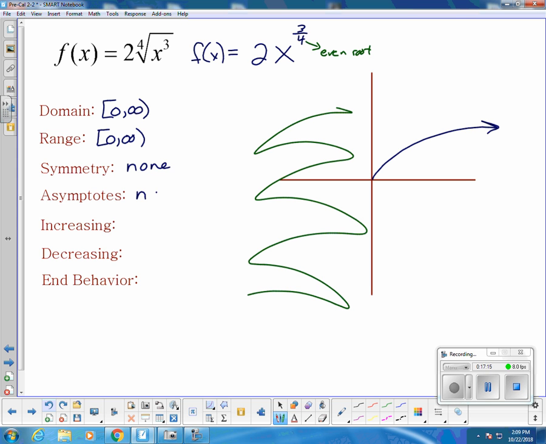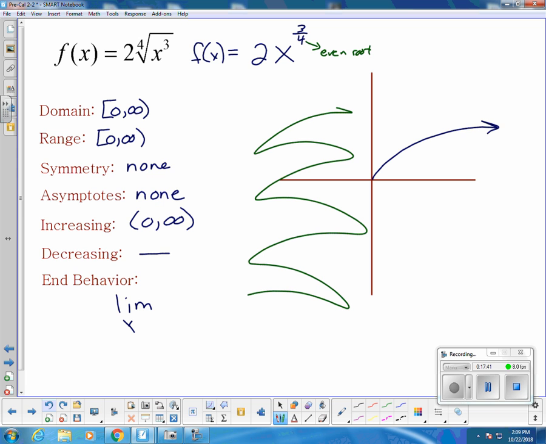There are no asymptotes. Right? When is it increasing? From 0 to infinity. Right? And again, I don't care if you put square bracket or curve bracket there. Decreasing, it's not.